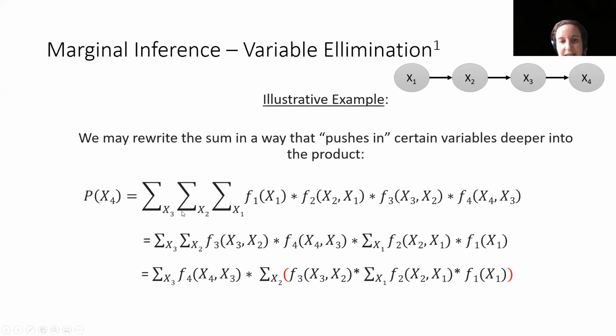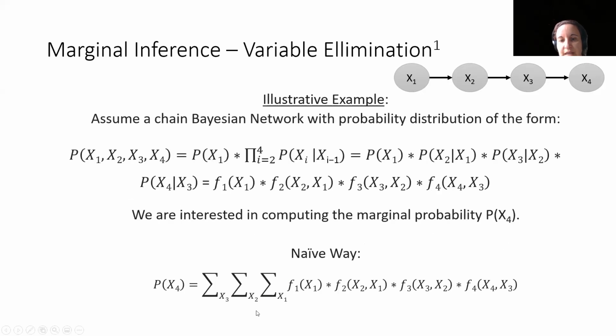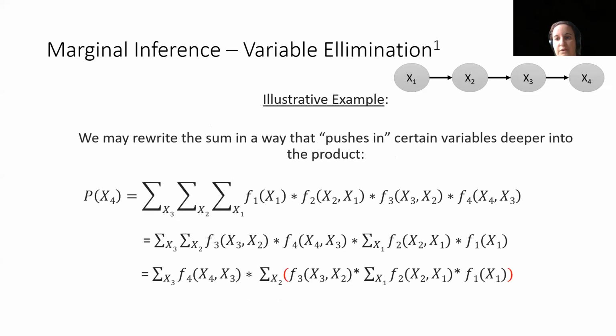And that actually works because, as we saw here, the factors that we have don't all depend on all the variables. So for one that does not depend on x1, we can take it out of the summation over x1 because it does not depend on x1, and that's basically the pushing of the variables deeper into the product.